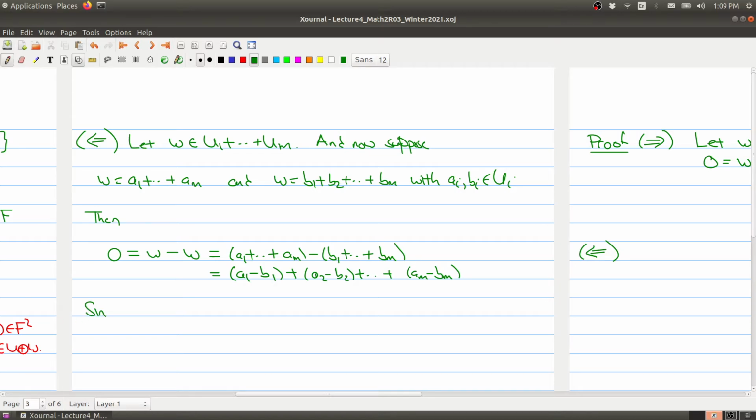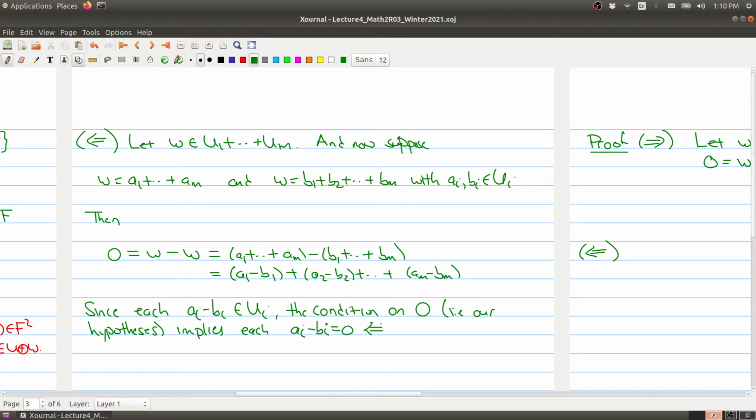So since each AI minus BI is in UI, the condition on 0, like our hypothesis, implies each AI minus BI is equal to 0. So another way of saying that is AI is equal to BI.